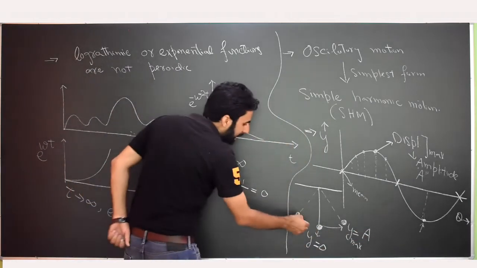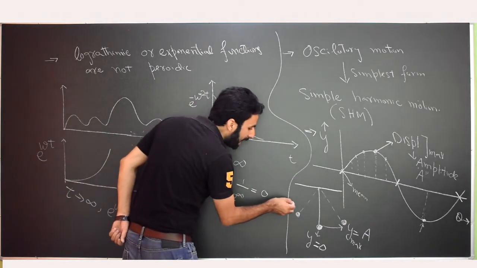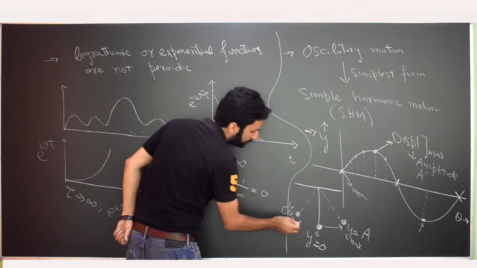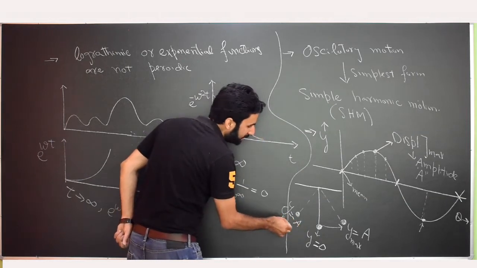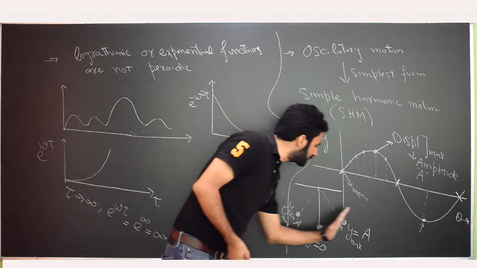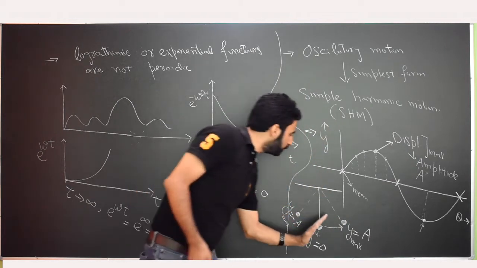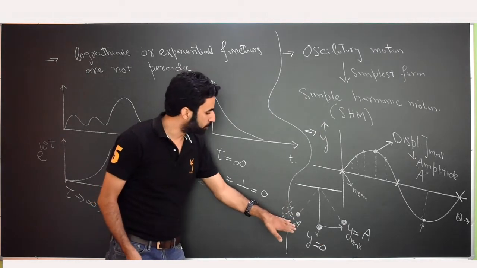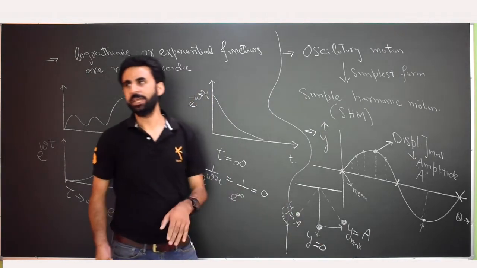Similarly, on this side the displacement again becomes maximum, but in a different direction. You can say it is minus a, because displacement being a vector, if you take one side of the origin as positive, on the opposite side we have to take negative.